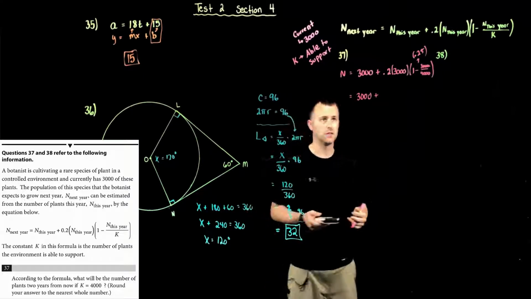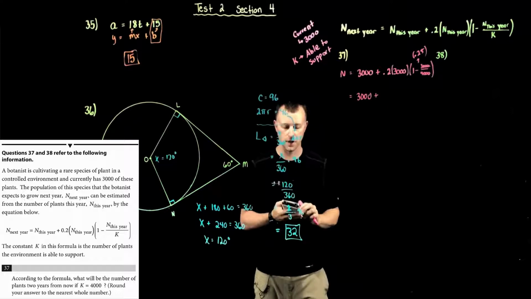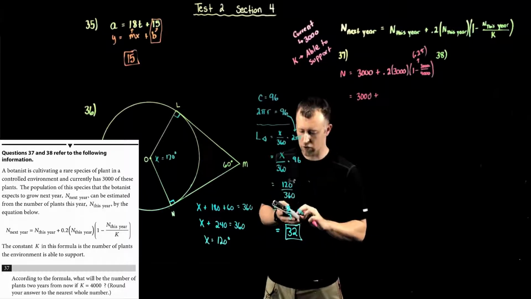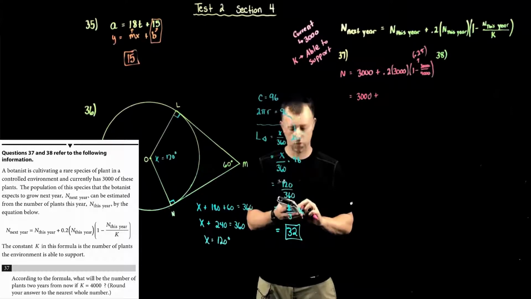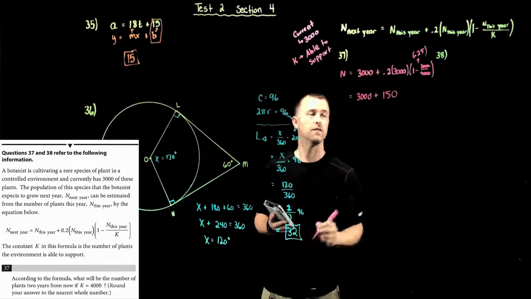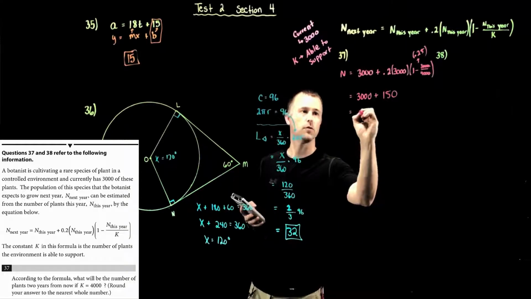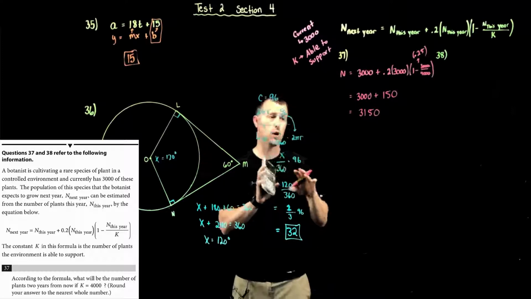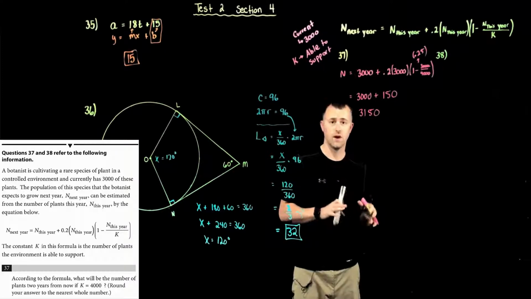It's going to make this a little easier to do the math on the calculator. You can do however you want. Just make sure we get the numbers plugged in right. I'm going to go 0.2 times 3,000 times 0.25. So this is going to be plus 150. So we end up with 3,150. So that is 1 year later how much we have.